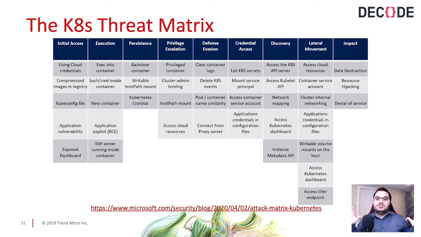It's not an official matrix for the MITRE ATT&CK, but it's very helpful, as it shows you, based on each tactic and technique, which techniques are used by attackers and criminals to compromise your cluster. It has some missing techniques and missing steps, but it's a great start for you to understand and protect your cluster better.